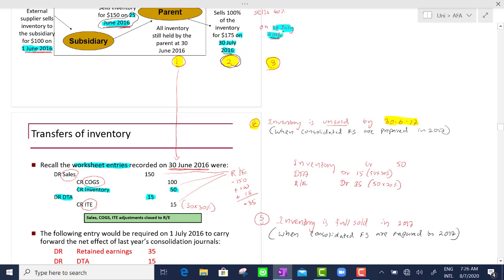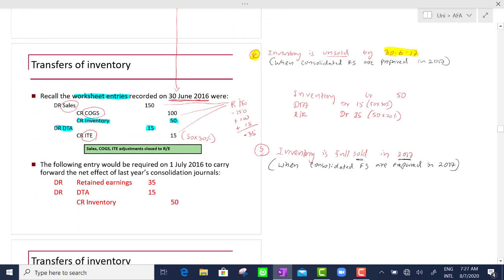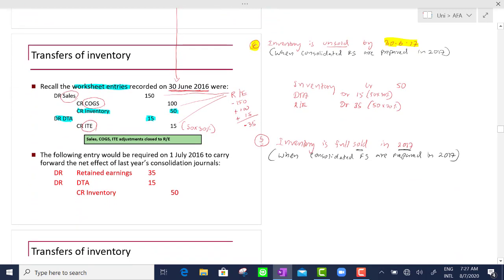But when it comes to scenario number 5 or the last scenario, the inventory is sold in 2017, next year. Now it is very simple.